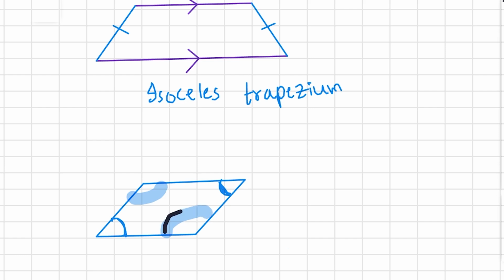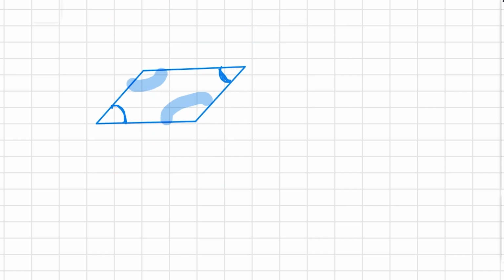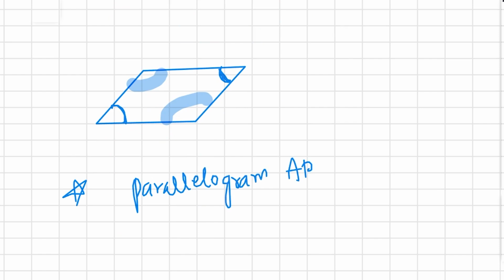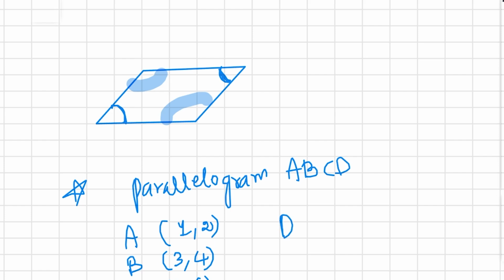Okay. Let's do one question. Let's say there is a parallelogram ABCD. Coordinates of A, B, and C are given. How to find the coordinates of D?